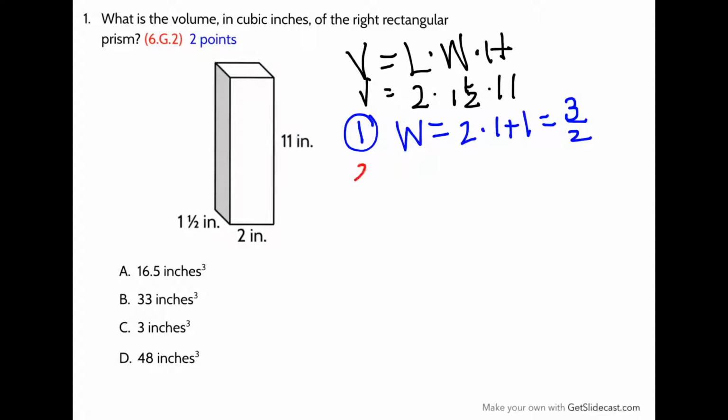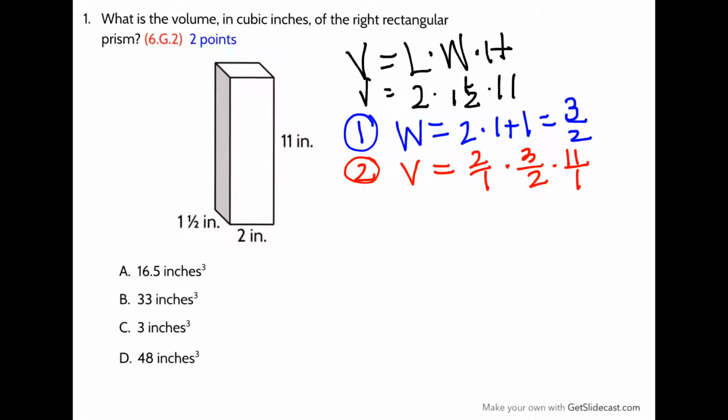Second thing that we need to do now is find our volume. Our volume is now going to be our length, which is 2/1, times our width, which is 3/2, times our height, which is 11/1.